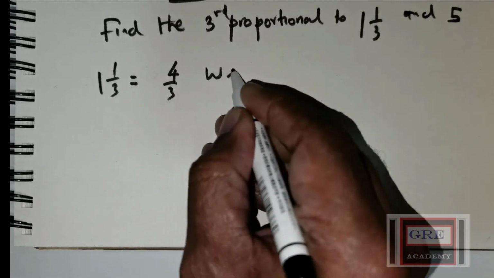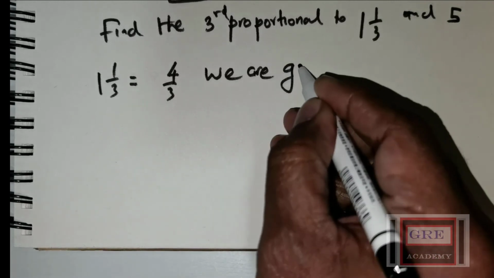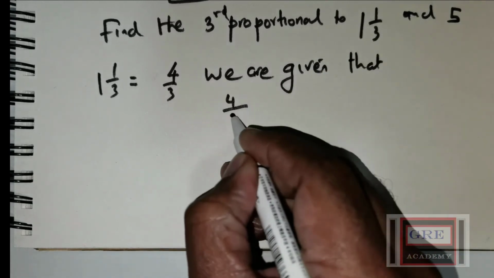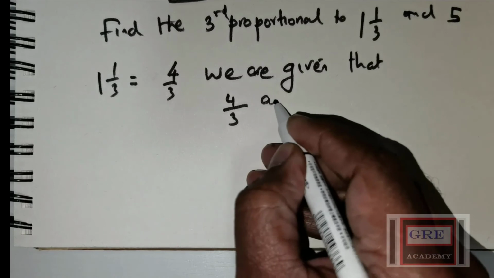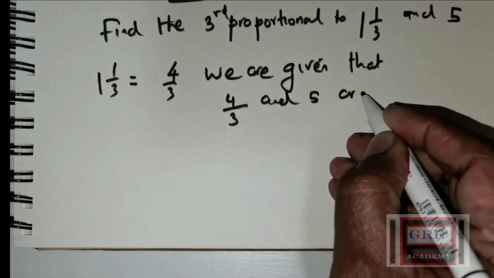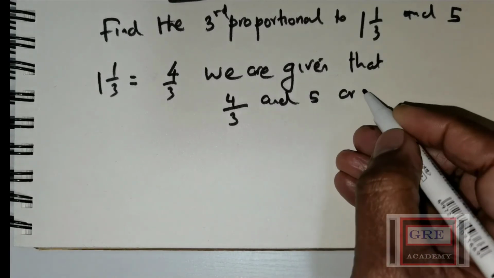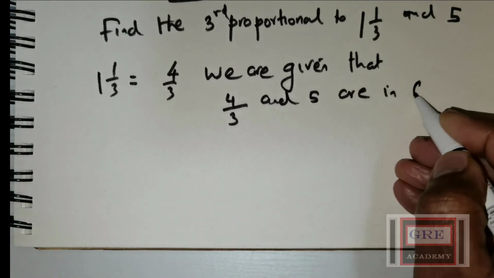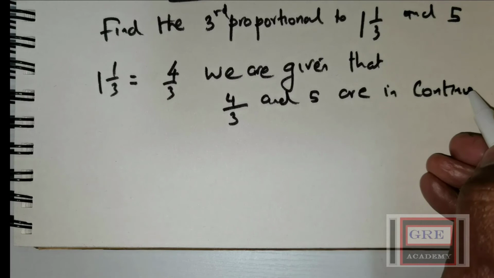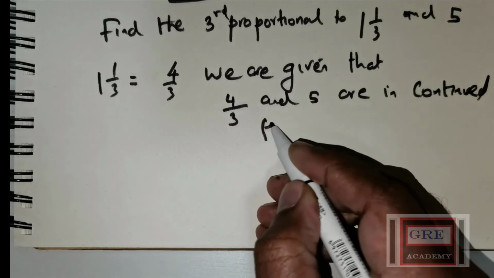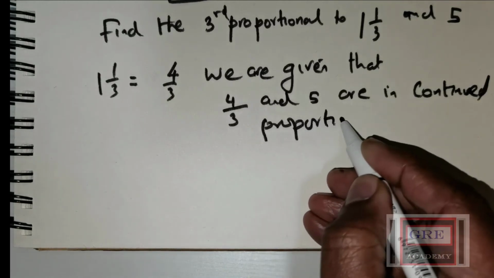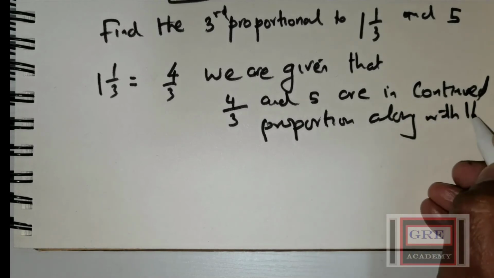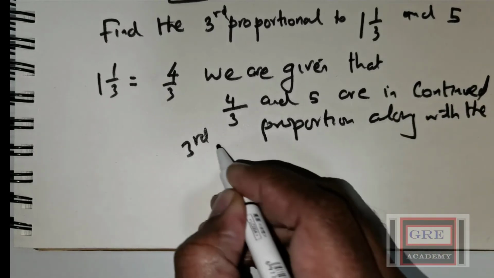So what is it that we are given? We are given that 4 over 3 and 5 are in continued proportion along with the third quantity.